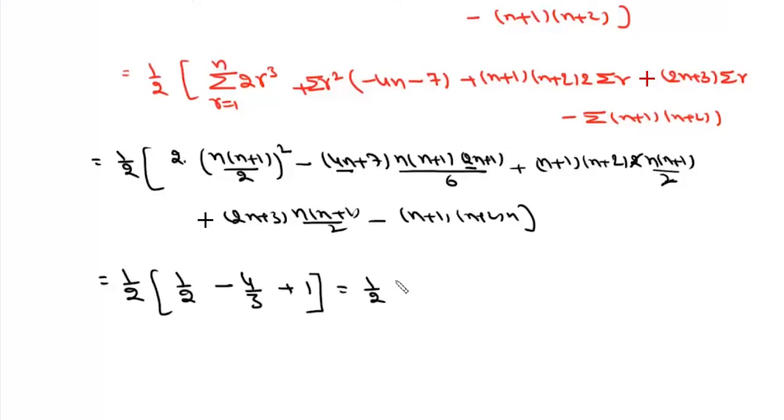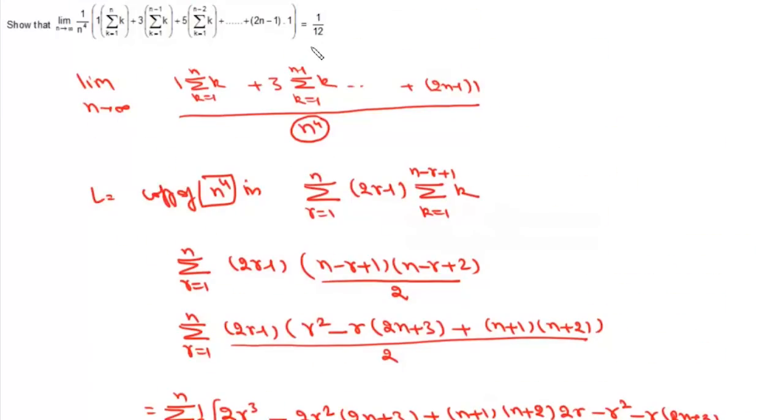Now this is 1 by 2 and then 1 by 2 minus 4 by 3 plus 1. So there will be minus 1 by 3 and there will be 1 by 6, which is 1 by 12. So the answer to this limit is 1 by 12, and that is what we need to prove in this question.